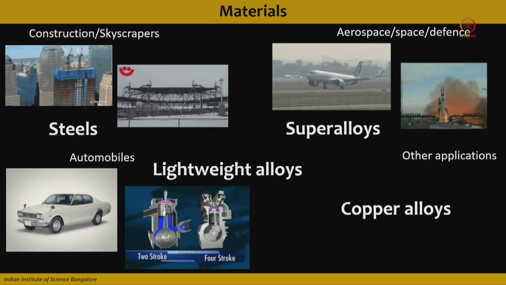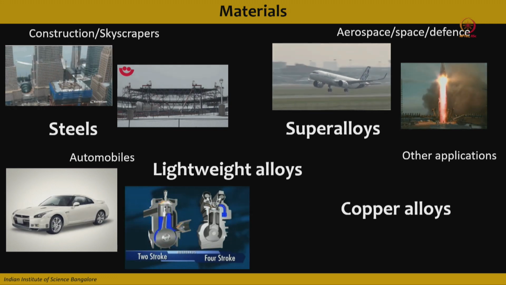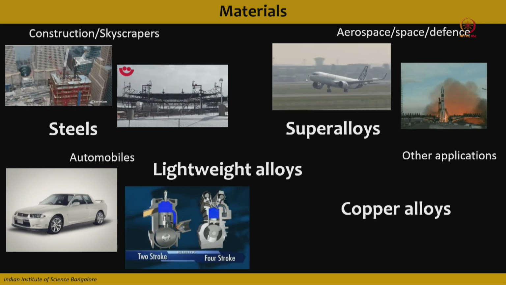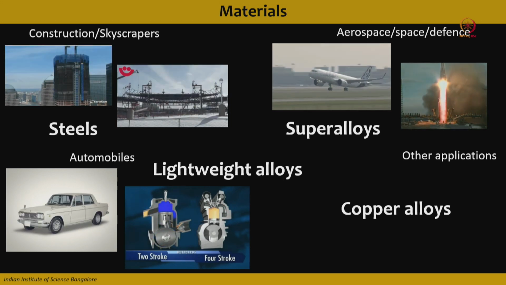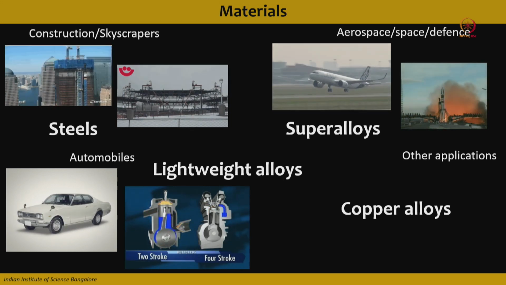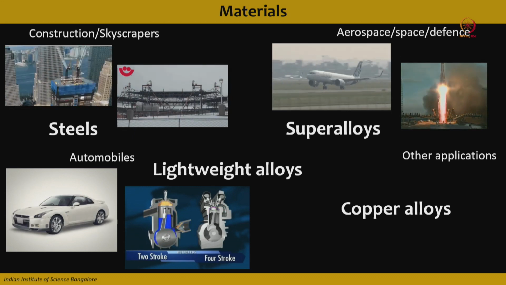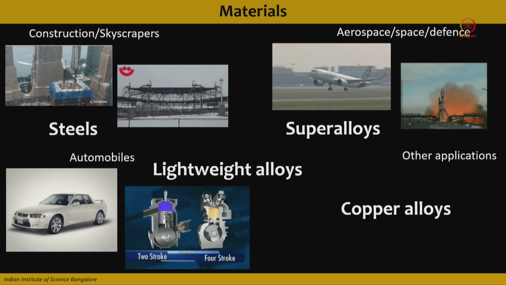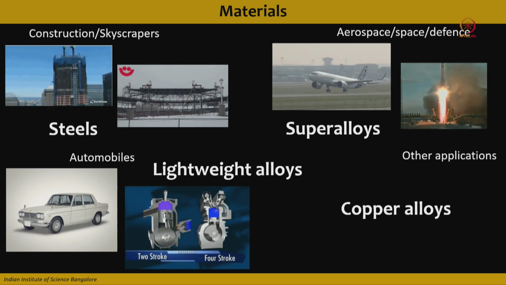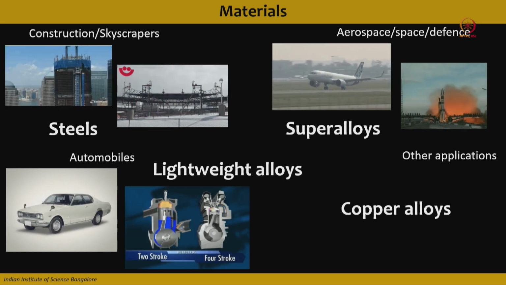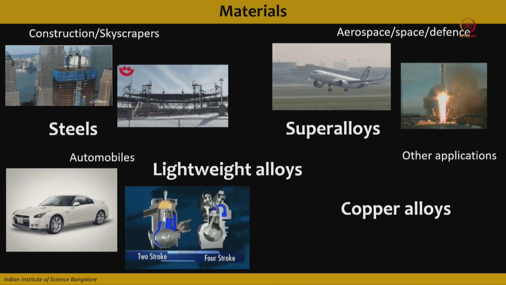So we use a special class of materials called superalloys. In rocket engines we also use a large amount of superalloys. Another class is the copper alloys, used for conductive applications to increase the heat transfer. These copper alloys should also sustain loads at room temperature and at moderate temperatures, up to 300 to 400 degrees Celsius.